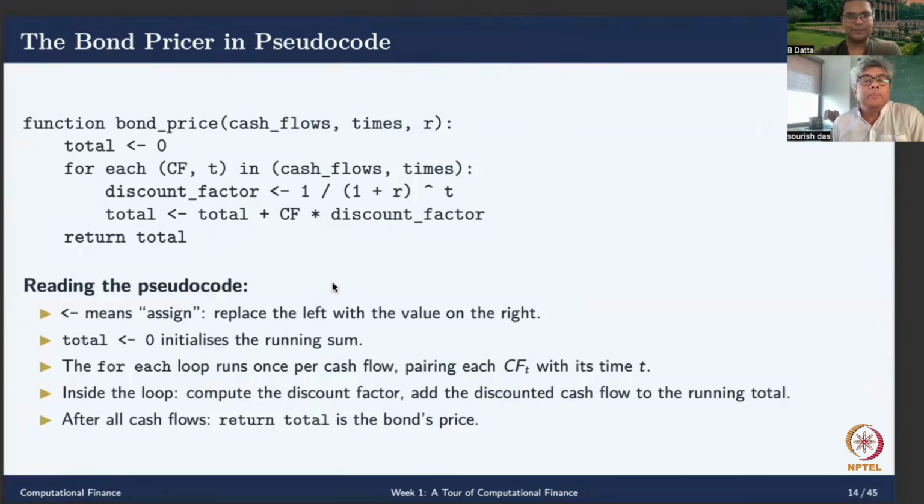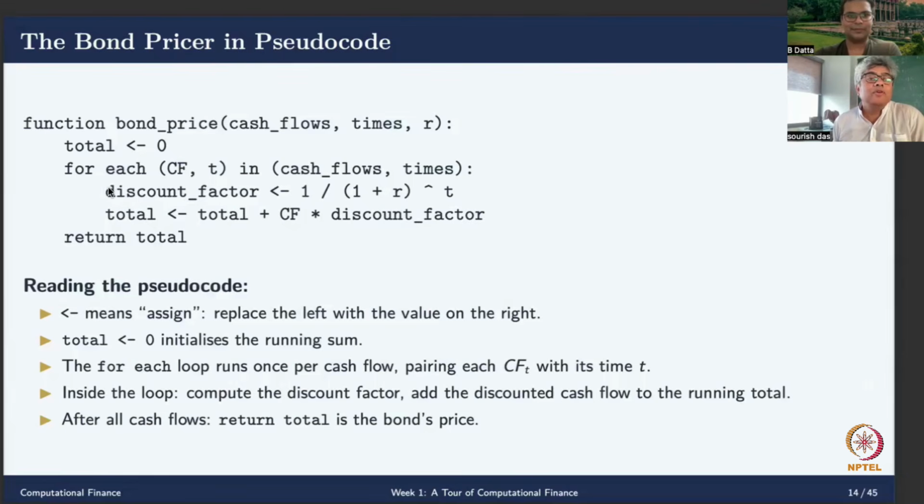Once you get the discount factor, you know the cash flow at that time. If you multiply the cash flow at the t-th time point by its corresponding discount factor, you get the present value of that cash flow. Then you add that to your total, and that will be your updated total.